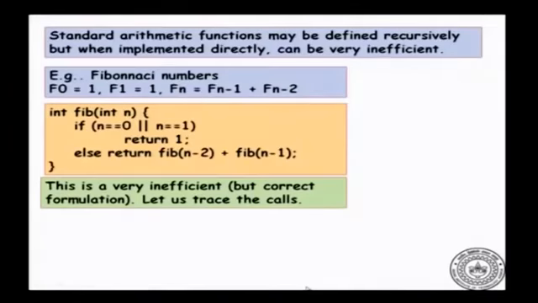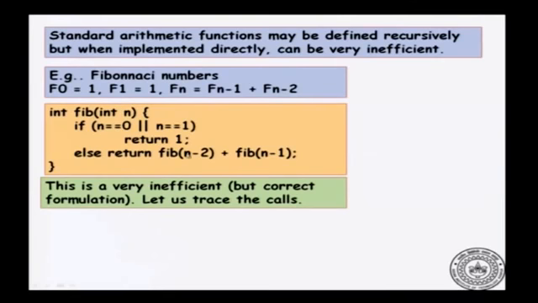Now, there are standard arithmetic functions also which can be defined in terms of two-way recursion. A very classic example is Fibonacci numbers. So, for example, they are defined as f0 equal to 1, f1 equal to 1, and for n greater than or equal to 2, they are defined as fn equal to fn minus 1 plus fn minus 2.